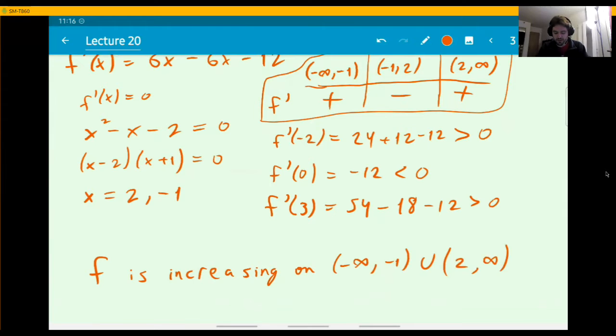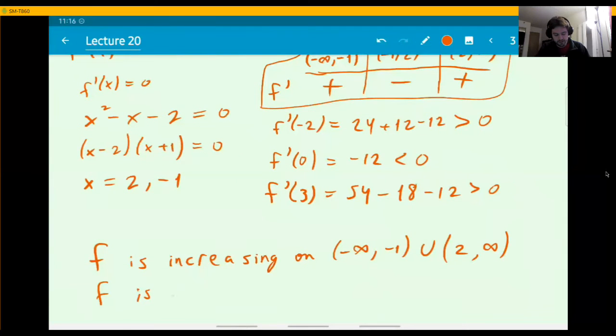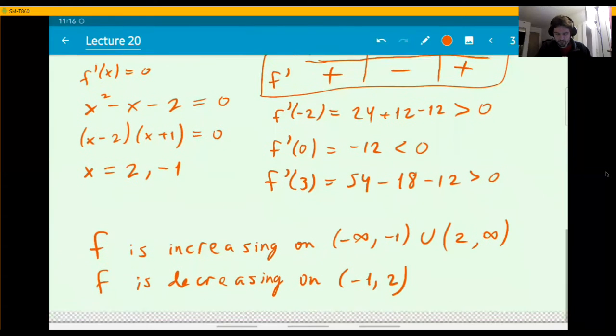It's increasing here or also here, so from 2 to infinity, and then F is decreasing in the other interval, -1 to 2.